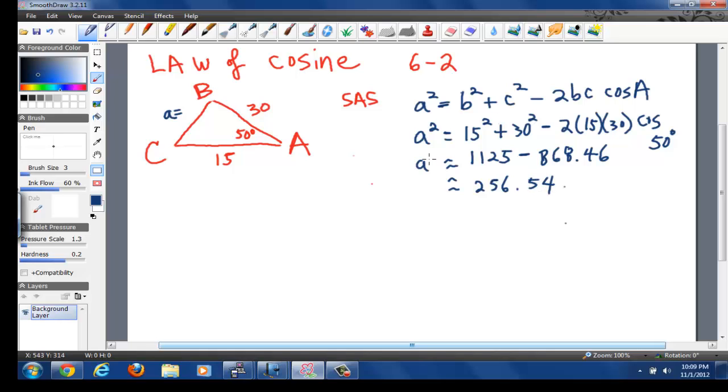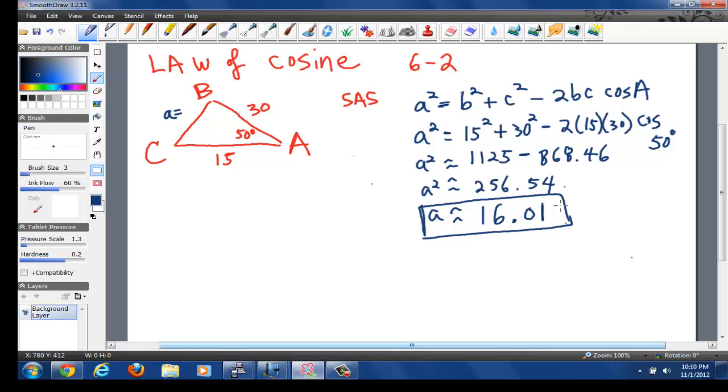And when we take the square root of that, we're gonna get approximately 16. Oops, there's a little mistake here. 16.01. So we know that the length of A is 16.01.